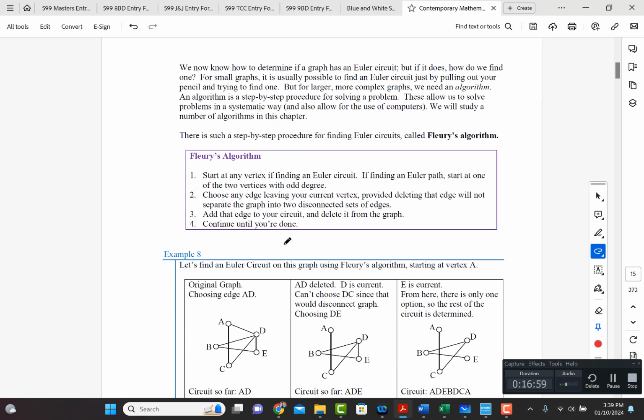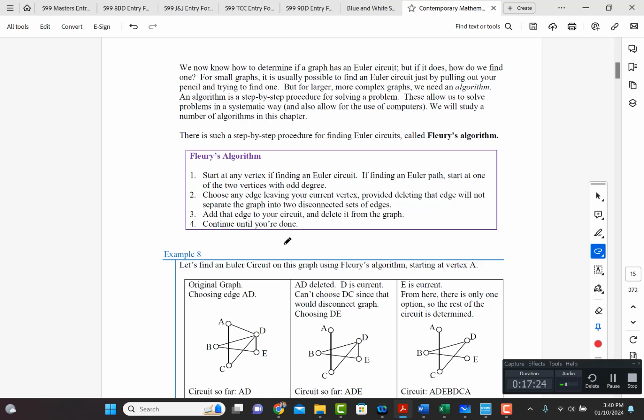Okay, now we know how to determine if a graph has an Euler circuit, but if it does, how do we find one? For small graphs, we can do it by inspection. It's usually possible to find an Euler circuit just by pulling out your pencil and trying to find one by tracing over the edges.